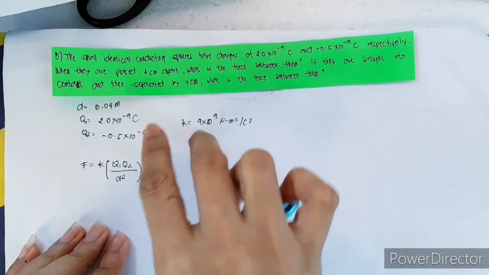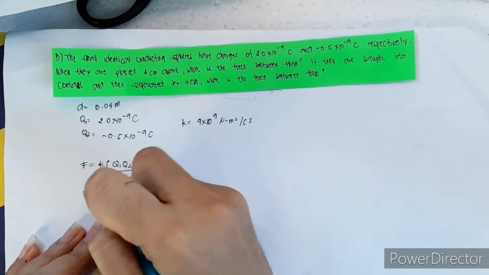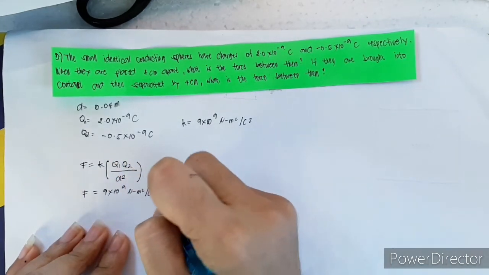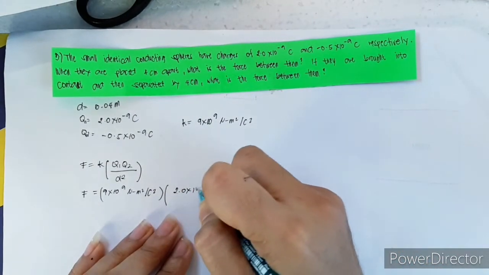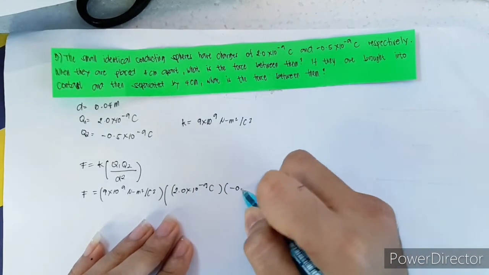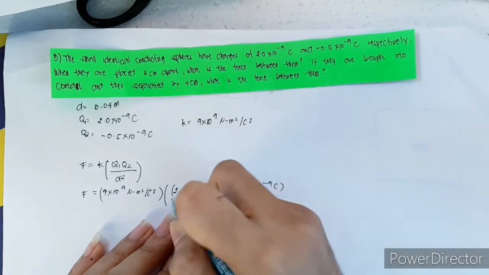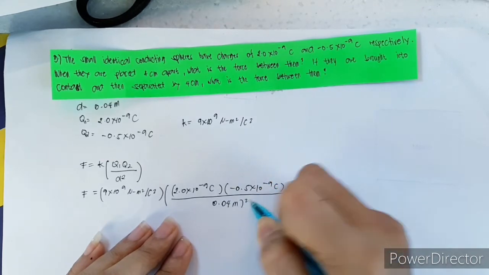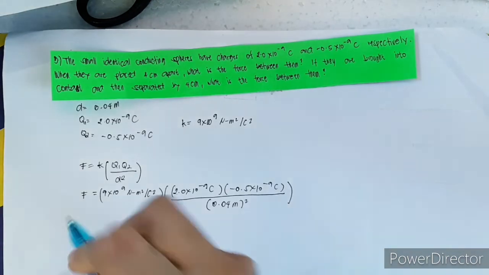Substitute all the given values to the formula, so we get 9 times 10 to the power of 9 Newton meter squared per coulomb squared, times Q1, which is 2.0 times 10 raised to negative 9 coulombs, and for our Q2, negative 0.5 times 10 raised to negative 9 coulombs, divided by our distance, which is 0.04 meter squared. And plug this into the calculator.